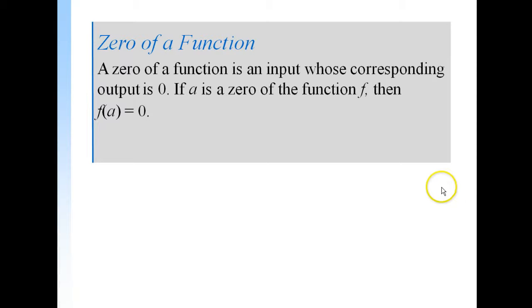Okay, now this is an important concept, building you up for later math. It's called the zero of a function. It's sometimes said finding the zeros. So the zero of a function is an input whose corresponding output is 0.